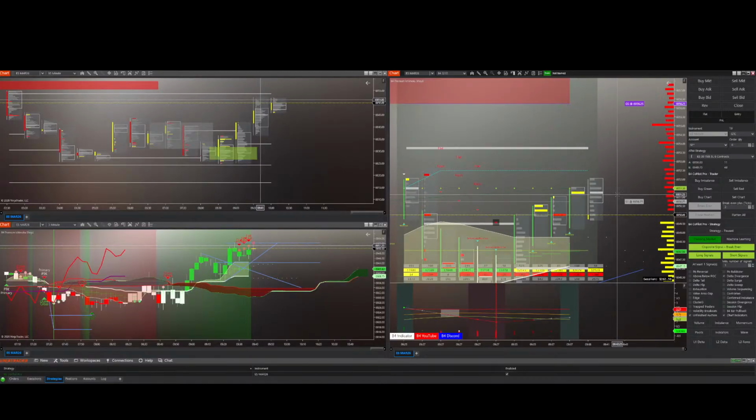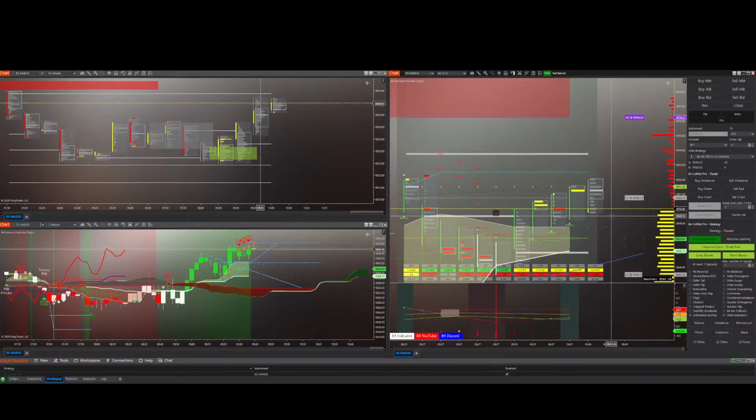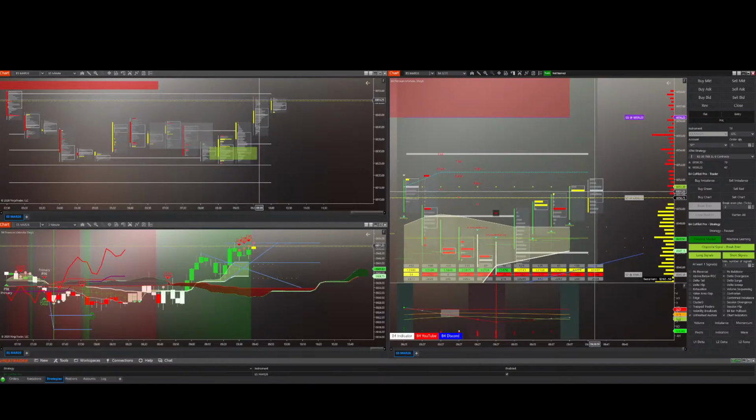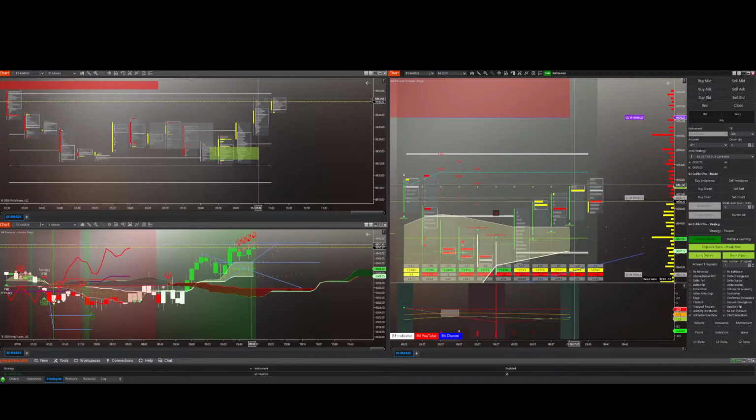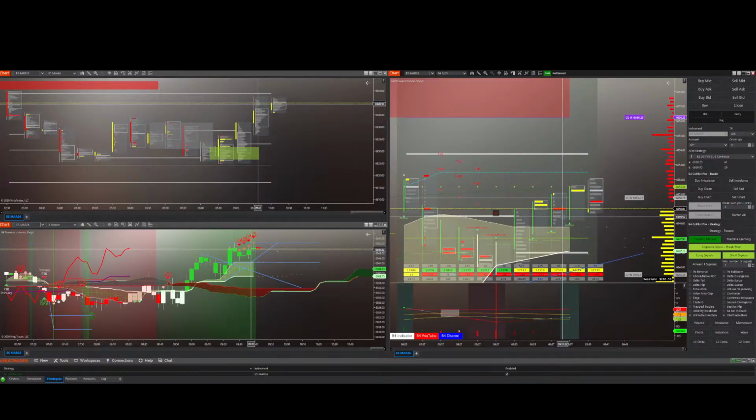That value area. I'm not interested in bulls again until we get over this area here. I could come here and do the same thing I did a while ago: place a resting order above this value area, place a resting order below that value area.